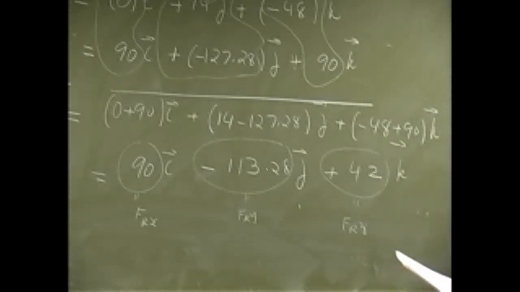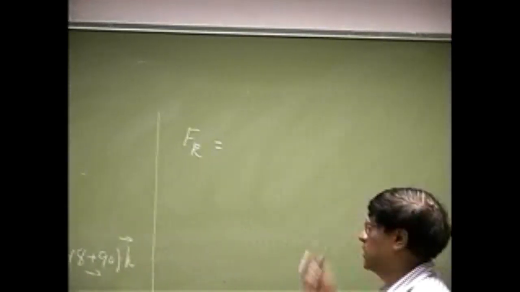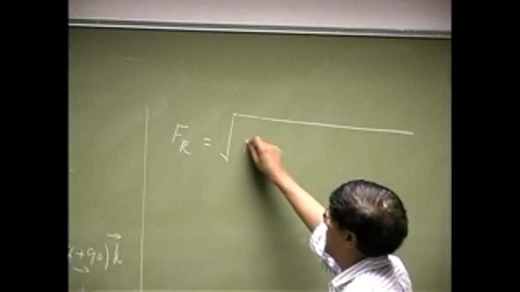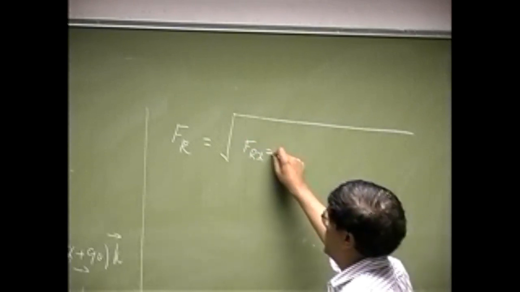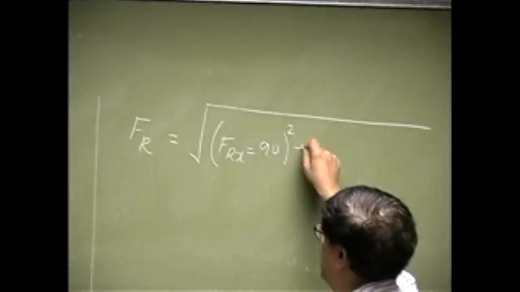Then you need the magnitude for the resultant force, and you just use the straight equation. If you take the x component, which is 90, you square that.